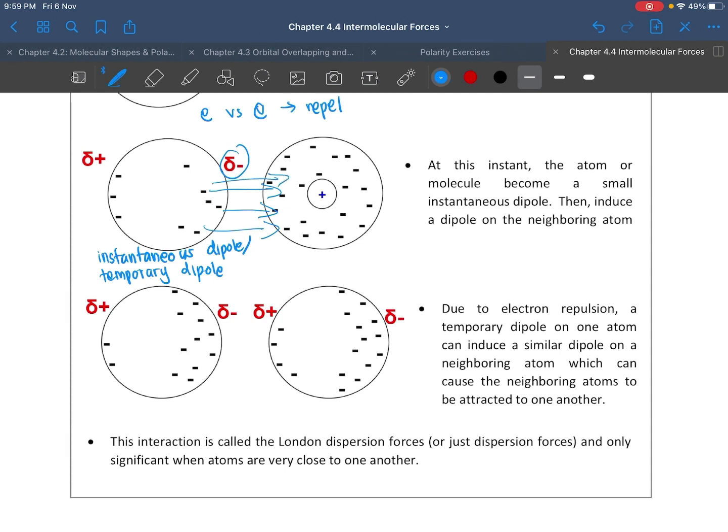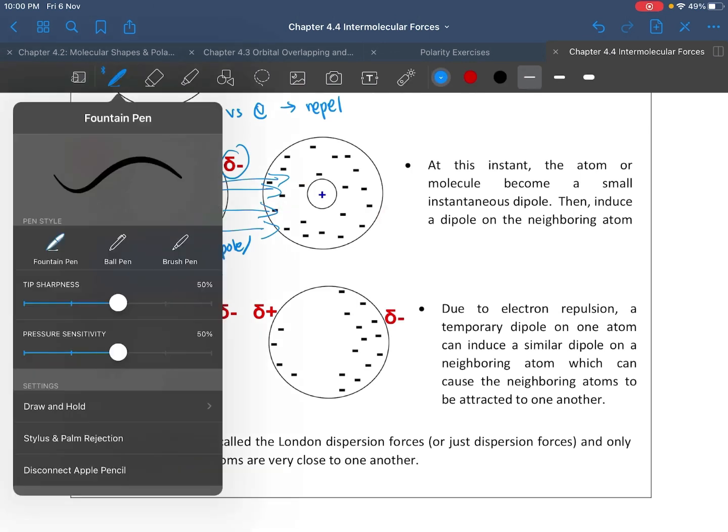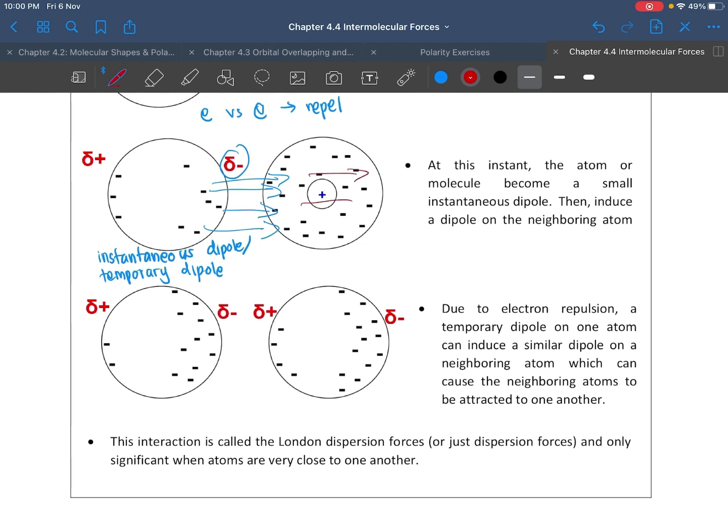Okay. So, bila elektron dekat sini repel this electron, so this electron tertolak ke sebelah kanan. Okay. So, elektron ni pun tertolak ke sebelah kanan. So, bila dia tertolak sebelah kanan, so dia jadi macam mana? So, dia jadi macam bawah ni lah.